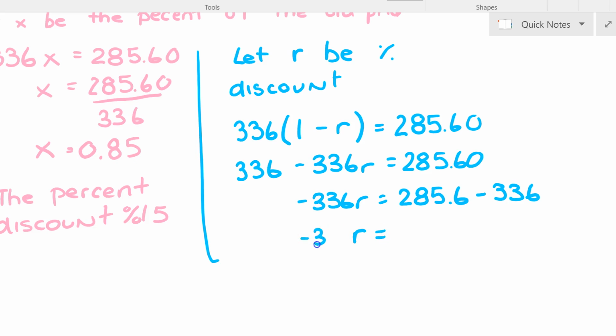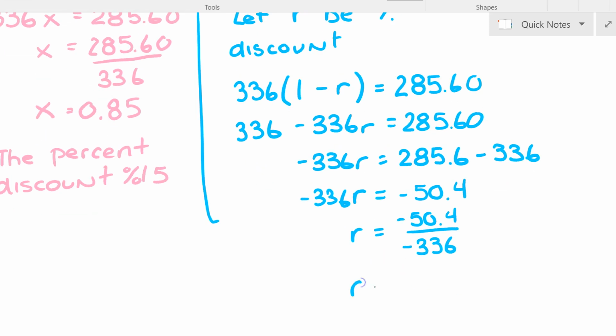So negative 336r equals 285.6 minus 336, which gives negative 50.4. So r is equal to negative 50.4 divided by negative 336. We get a calculator out, and we get 0.15.